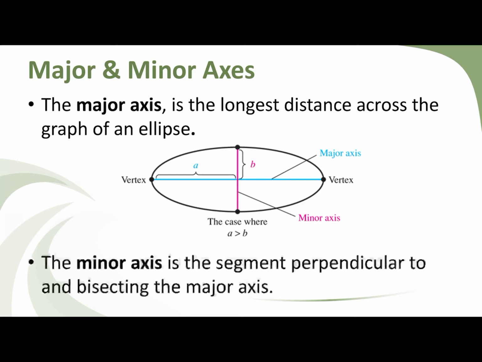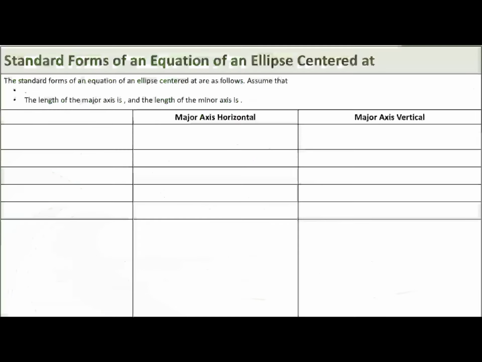Because when we change it to be vertical, then the longest side is going up and down. So the longest side is always the major axis. It doesn't matter whether it's going back and forth or up and down. The longest axis is the major axis. And that's where the foci are found, the center is there, and the vertices are there.